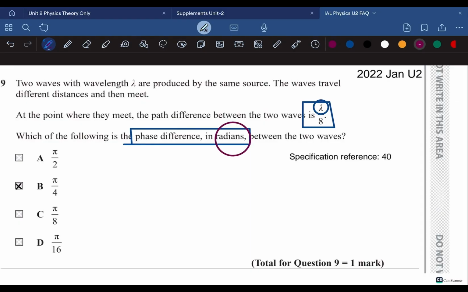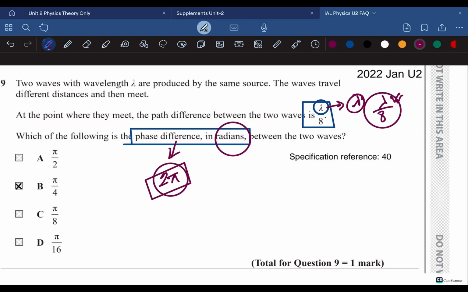We know phase difference is measured in 2 pi. For a complete cycle, the phase difference is 2 pi, and for a complete cycle, the path difference is lambda. Now here, the path difference is 1/8 of its initial value, lambda. So we will also divide this 2 pi by 8, because as the path difference has decreased to its 1/8 value, the phase difference will also decrease to its 1/8 value.